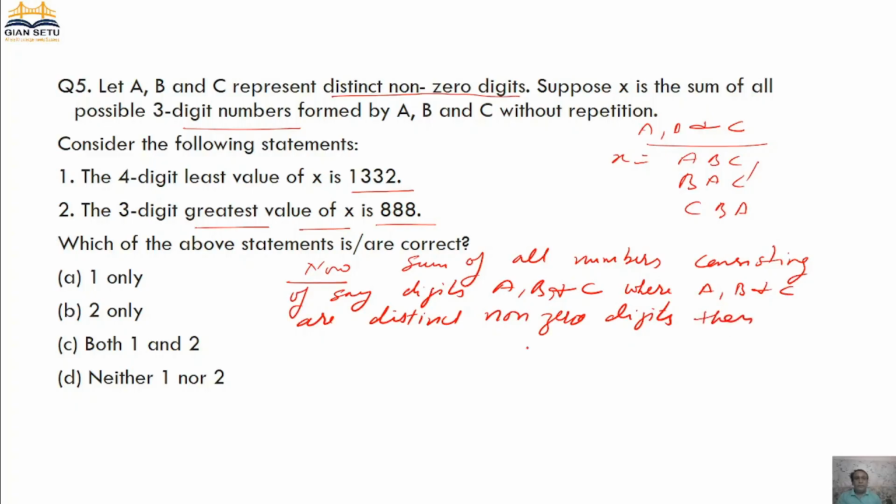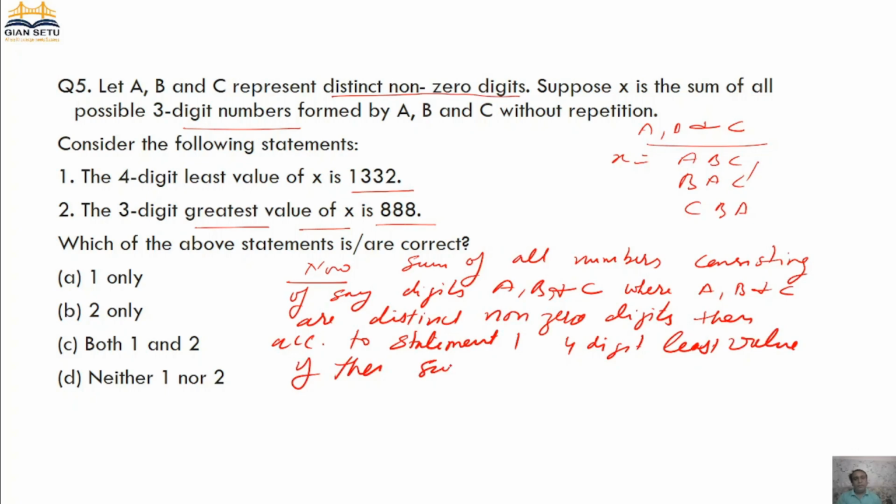Then according to statement 1, the 4-digit least value of the sum is 1332, right?